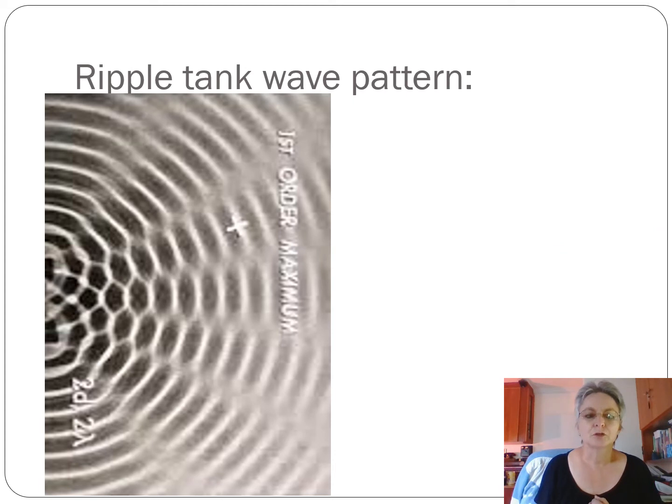This slide shows you a photo taken from the ripple tank experiment, and you can clearly see these lines formed here. If you carefully trace them, they are formed when crest and trough meet.